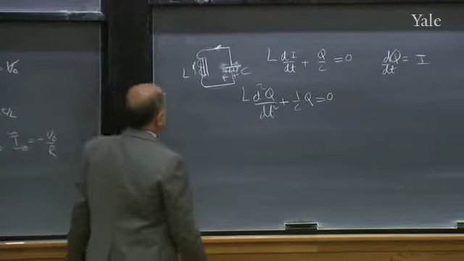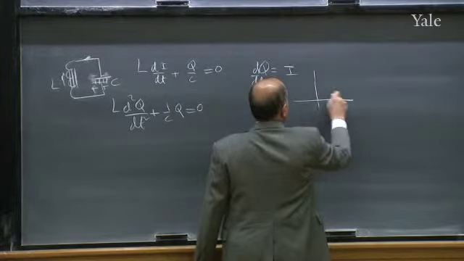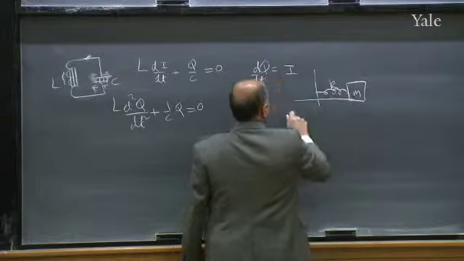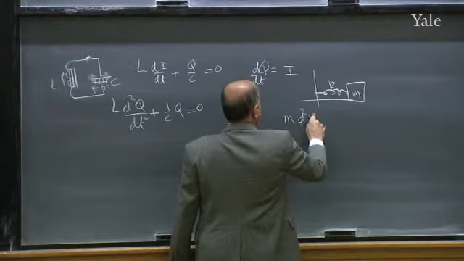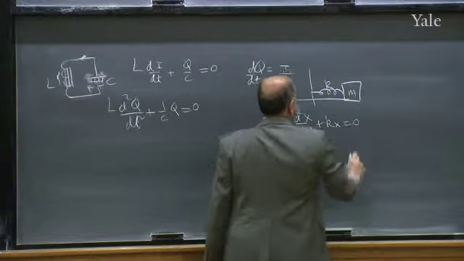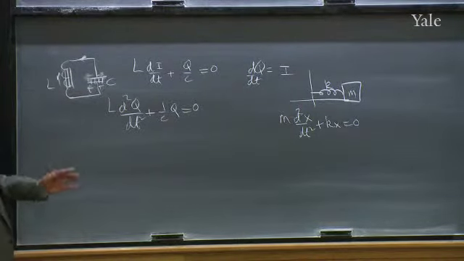Now, we have seen exactly this equation before, right? We saw the equation for a mass coupled to a spring, the equation m d²x/dt² plus kx equal to 0. There we know what it does. We know it oscillates back and forth.